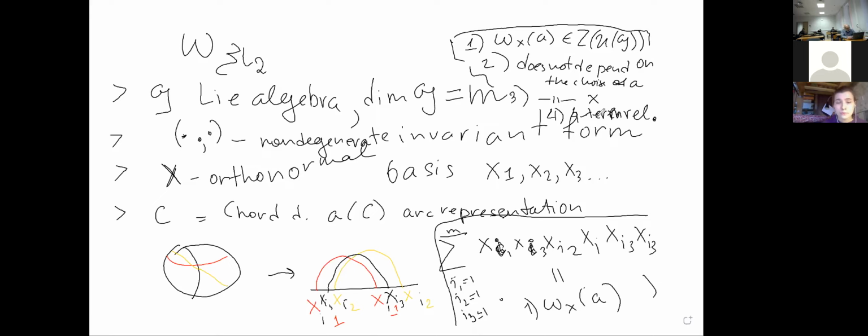Diagrams to polynomials. Okay, to the center, actually, because we don't know yet that the center is polynomials, but it's a common case.